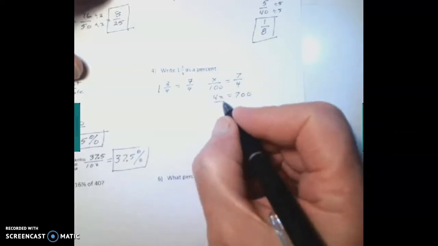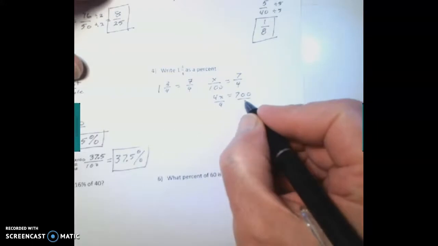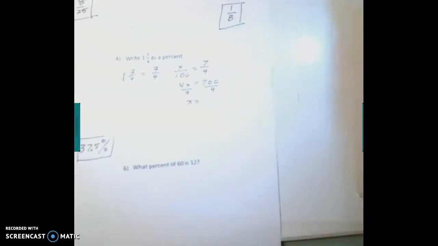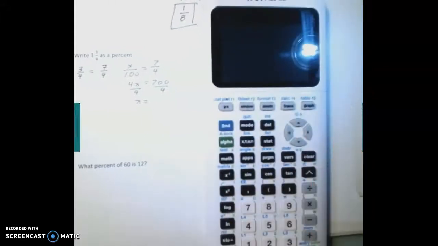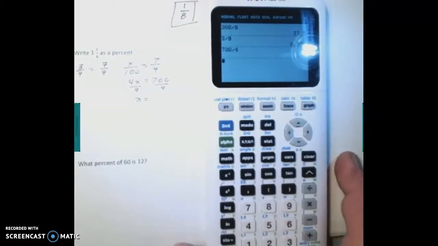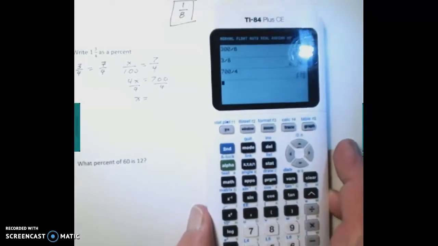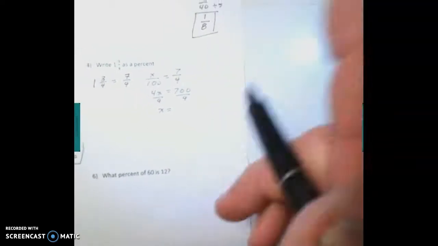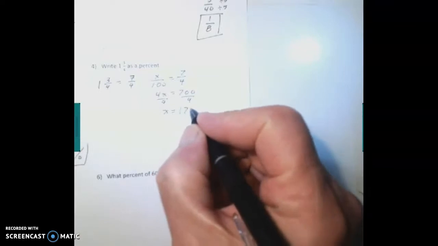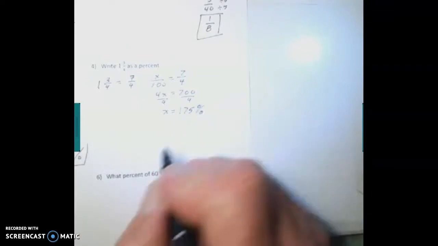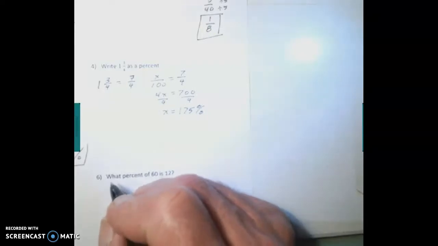To get the x by itself, divide by 4, and you're going to get x equals, again, let's go to the calculator, 700 divided by 4 is equal to 175. I see it gets a lot of glare there. 175%. Does that answer make sense?